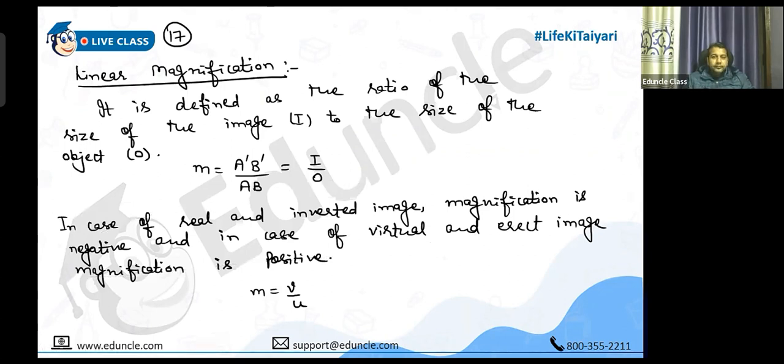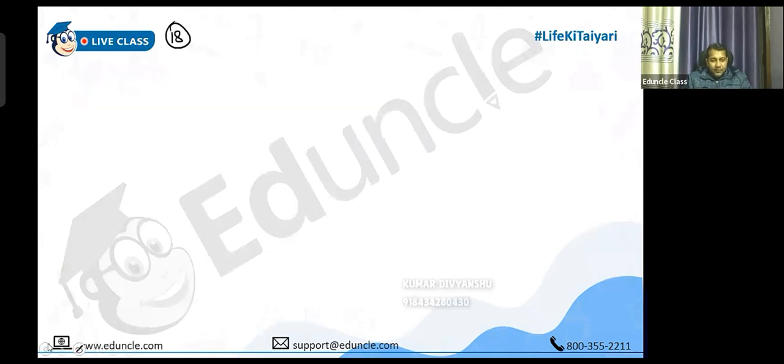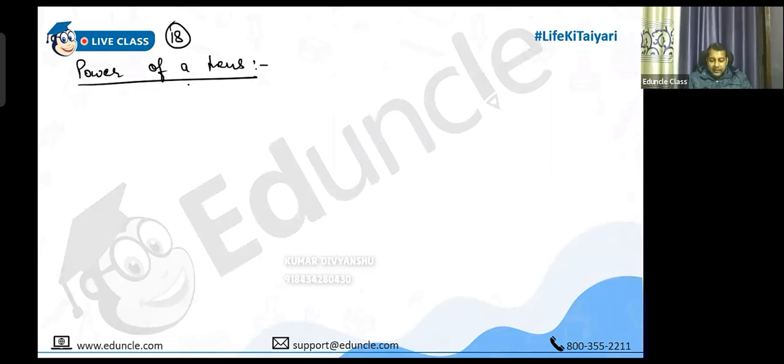Okay, clear? Yes, sir. And now we define the power of a lens. How powerful the lens is means, suppose we have two convex lenses, which lens is more capable of converging more number of rays to a single point. It is defined as the reciprocal of focal length in meter, and the unit of power is diopter.